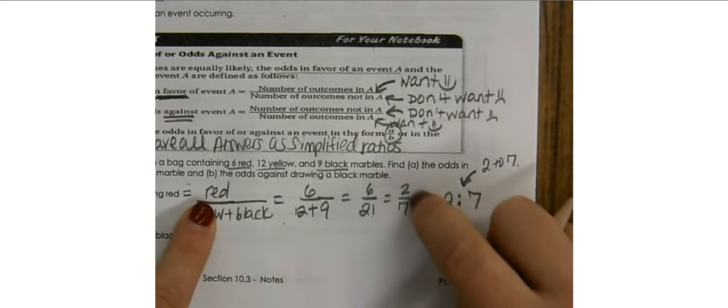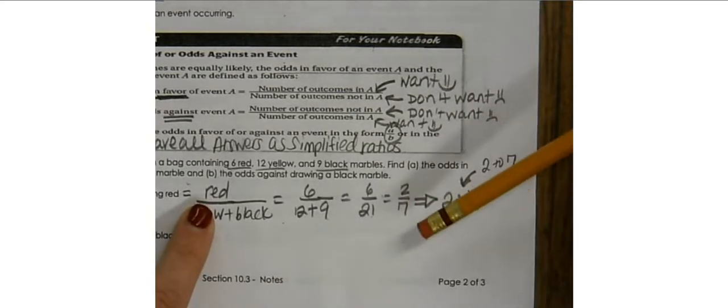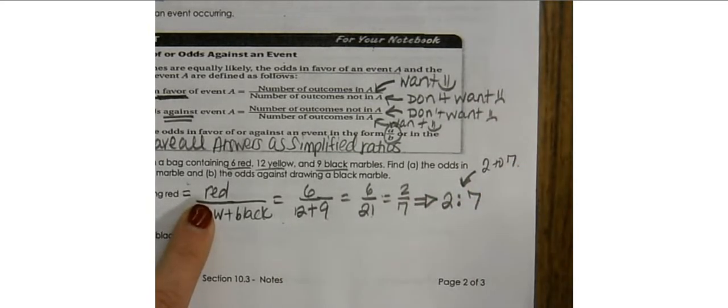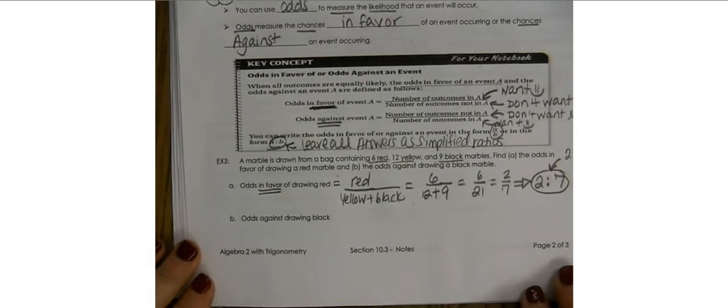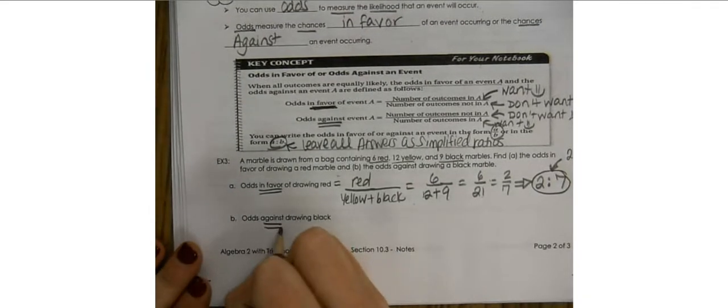These are your odds, where you have in favor of what you want, dividing out what you don't want. It's completely different in terms of its meaning. So that's the reason why we write our answers as ratios. Let's go ahead and look at letter B. For letter B, we have the odds against drawing a black.